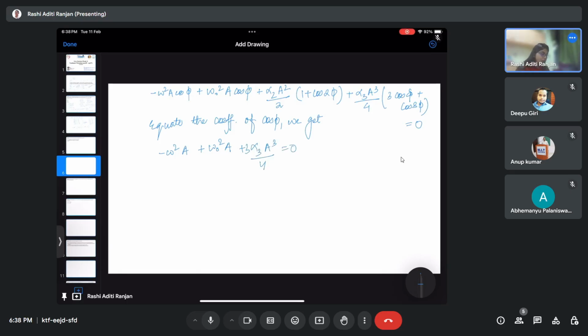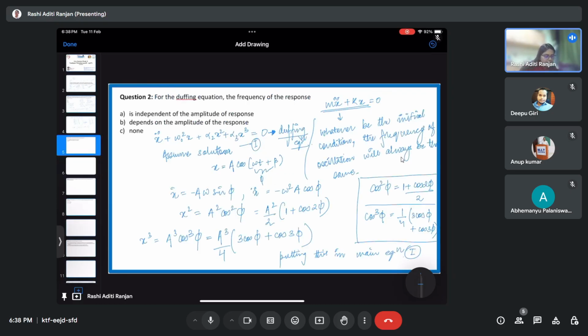Correct? So what will I get? Omega square equals omega naught square plus 3 alpha 3 A square by 4. This is what I get, isn't it?